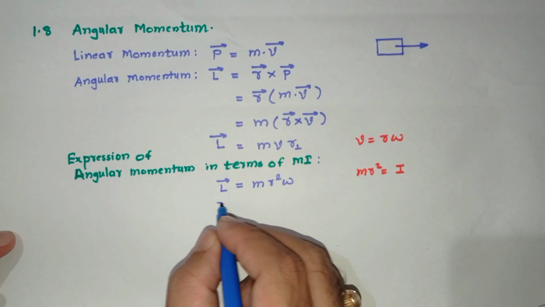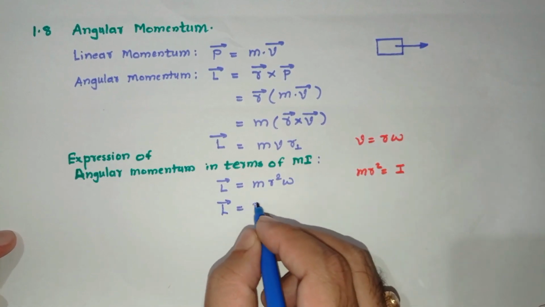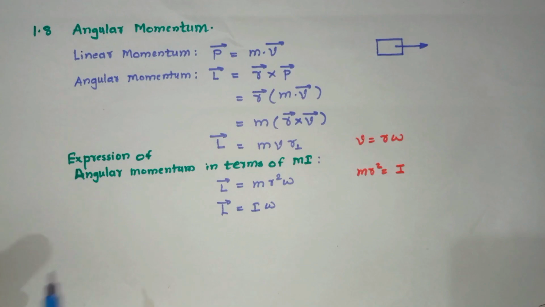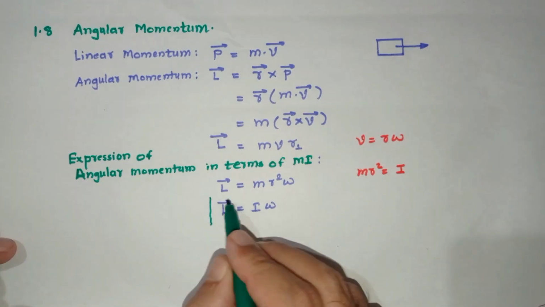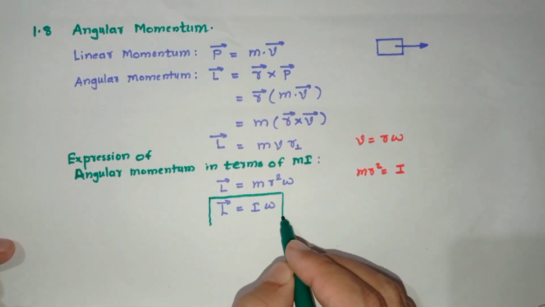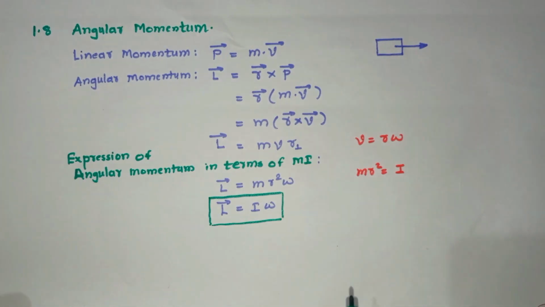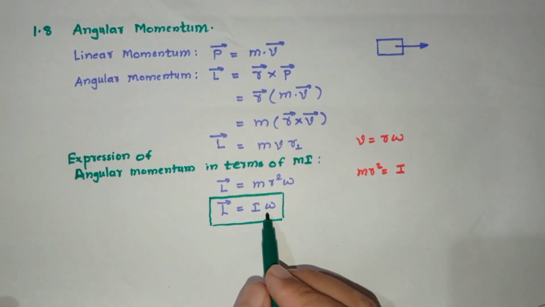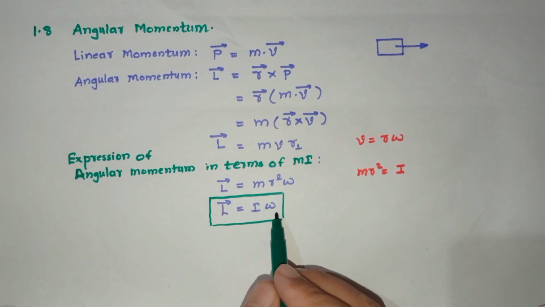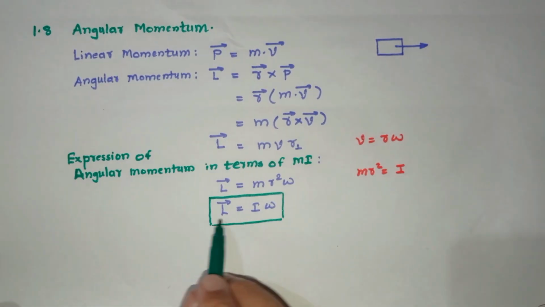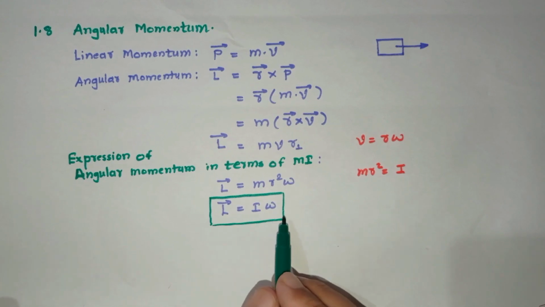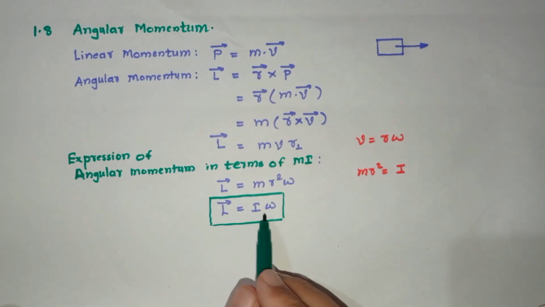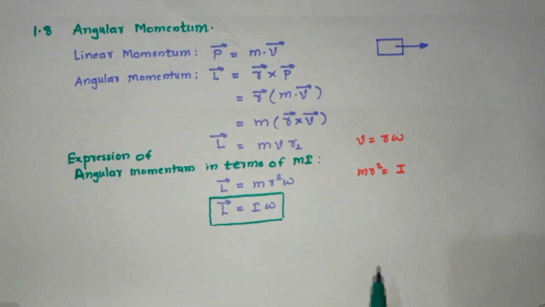So L bar equal to I omega. Angular momentum is moment of inertia times the angular velocity. I is moment of inertia, omega is angular velocity.